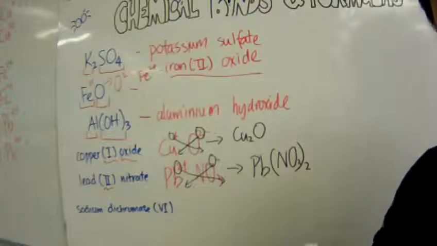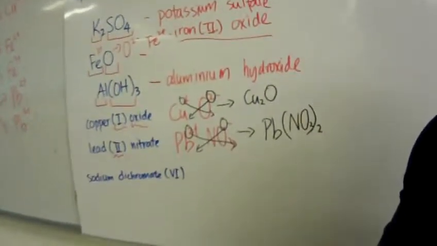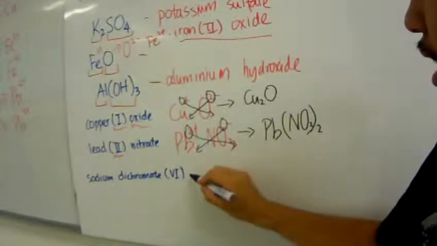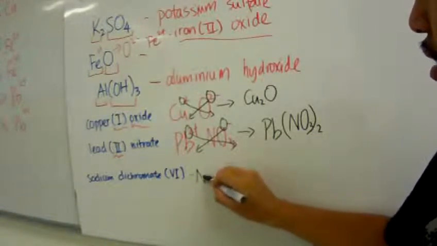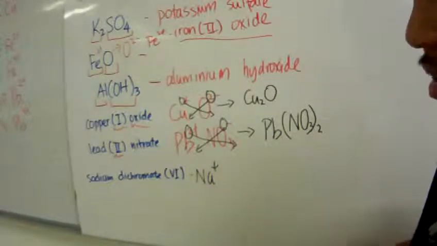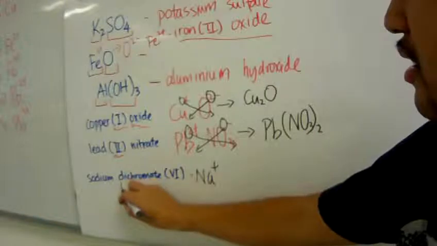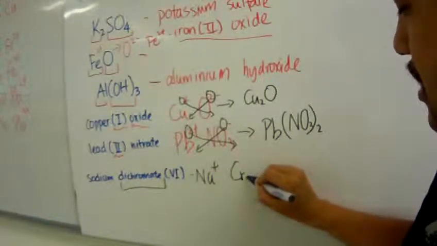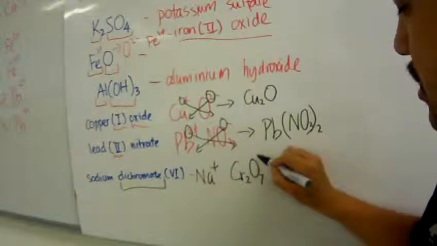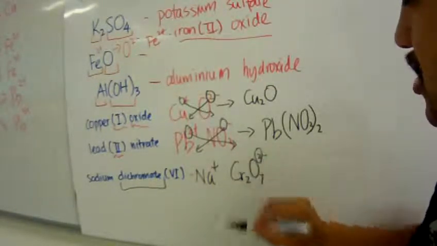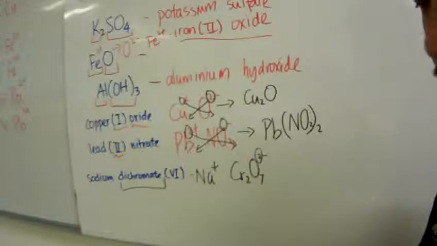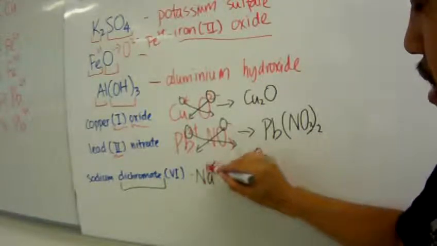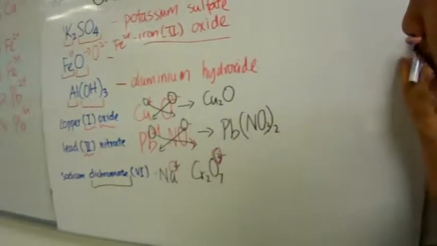Finally, we have sodium dichromate(VI). Sodium, we know it's Na plus, and dichromate is from the list that I've given to you guys. The Cr2O7, 2 minus. The charge here is 2. Sodium has a charge of 1. And so you need 2 sodiums for every dichromate ion.